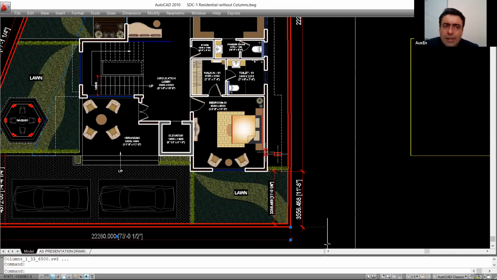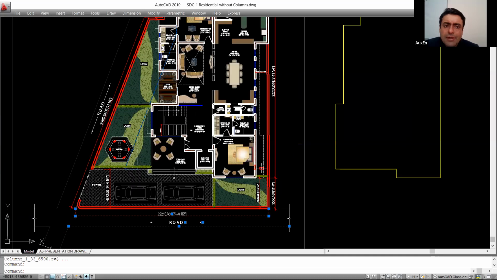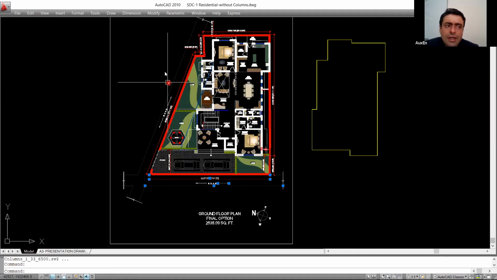And of course, the reason for leaving this large open space, as I told you, is some reasons due to Vastu. Let me use the spotlight option over here. This open space that you see over here has been left because of the Vastu consideration. Otherwise, you will see the open spaces on the sides, front, and at the back.